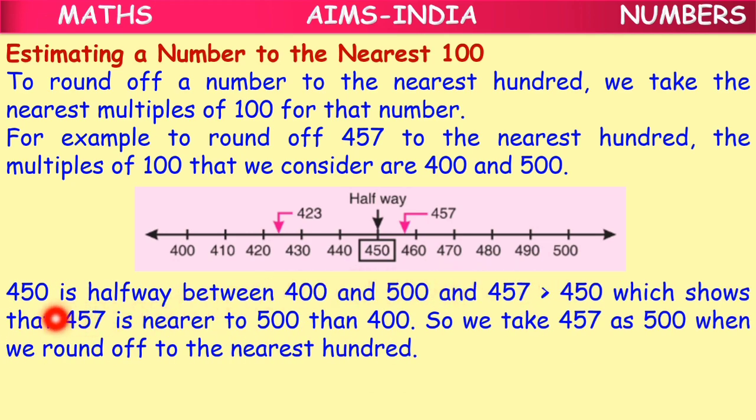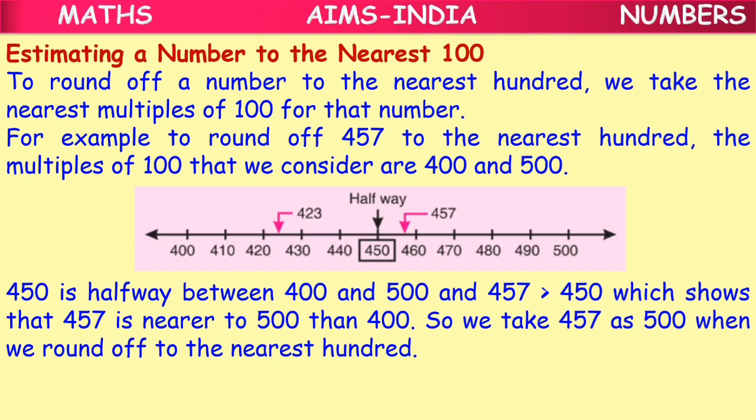Now 450 is halfway between 400 and 500, and 457 is greater than 450, which shows that 457 is nearer to 500 than 400. So we take 457 as 500 when we round off to the nearest 100.